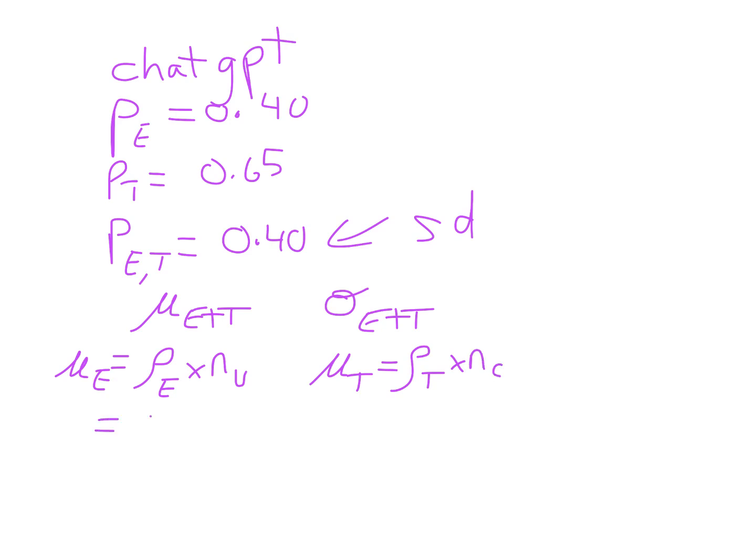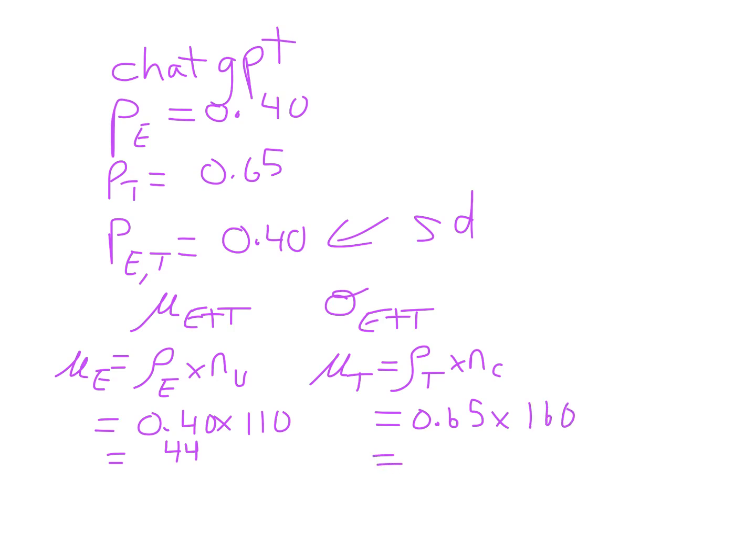So we have PE is 0.40, and we know that we spent $110 on that portion of the bill. And so that comes out to $44, I think. And so here we have 0.65 for the television times the amount that we paid for the cable, which was $160.